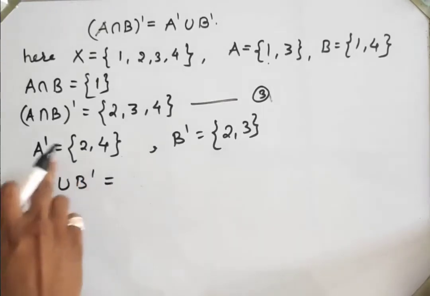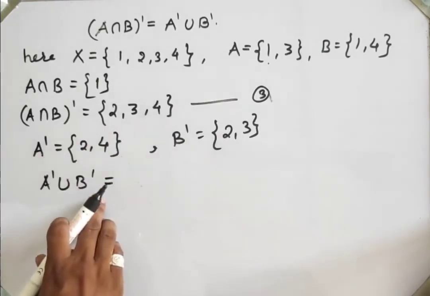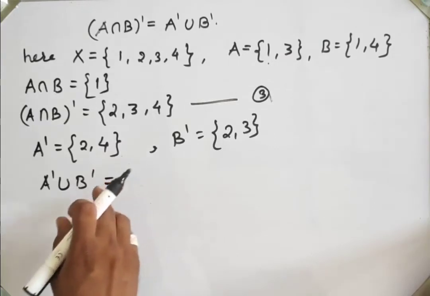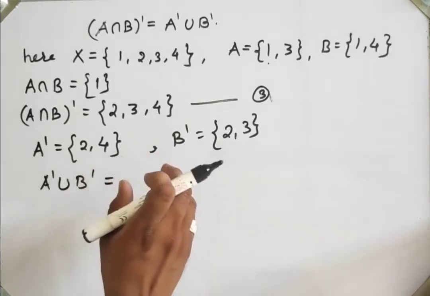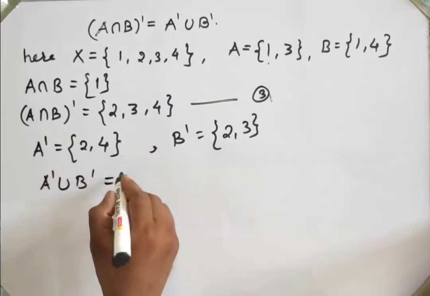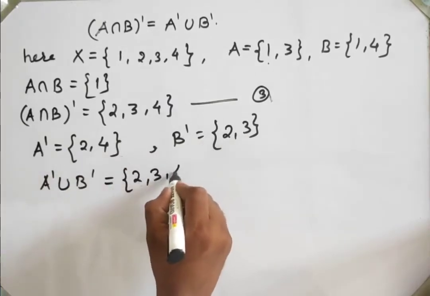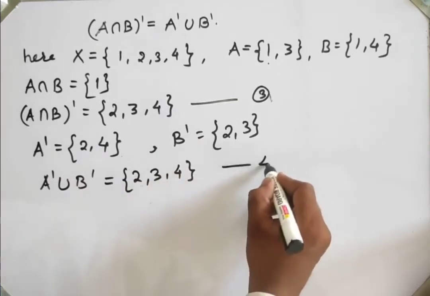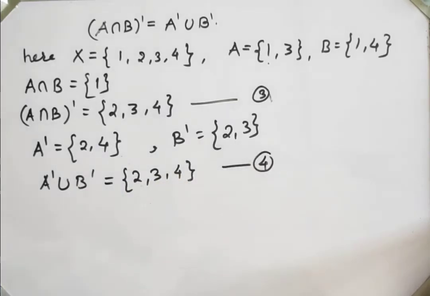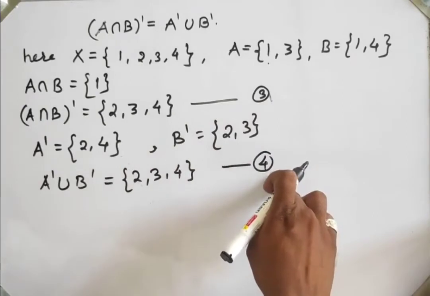Now the union of A complement and B complement, here is the union of these two sets. Union is the set of all those elements which belong to at least one of the sets, which are 2, 3 and 4. This is equation number 4. So from equation 3 and 4 what will we get?